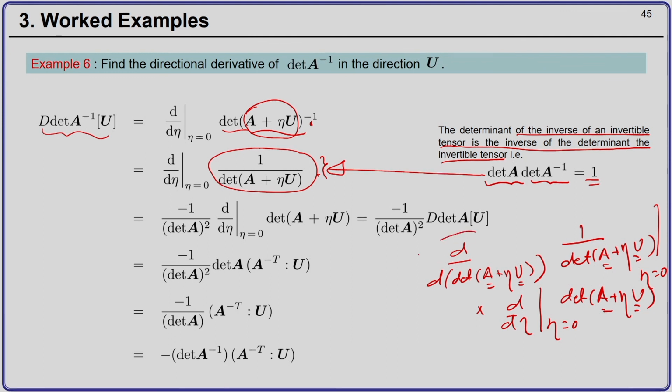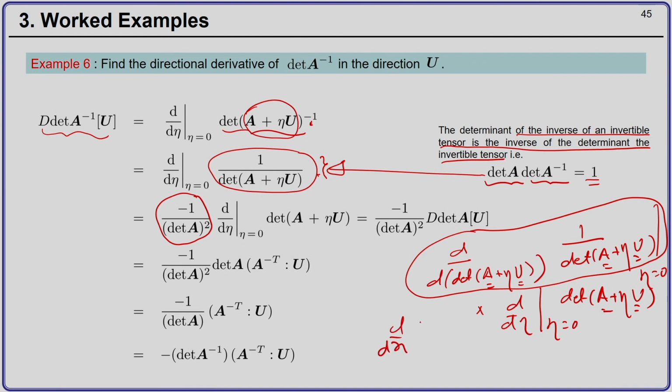So, this term, okay, if you evaluate this term at eta equal to 0, you are going to get minus 1 upon determinant of A the whole square. Okay. So, you can just substitute determinant of A plus eta u as say x. So, this is like d by dx of 1 by x, which is nothing but minus 1 by x square.